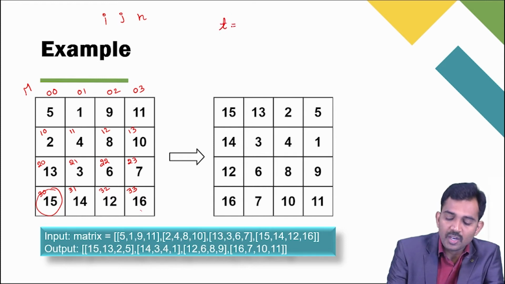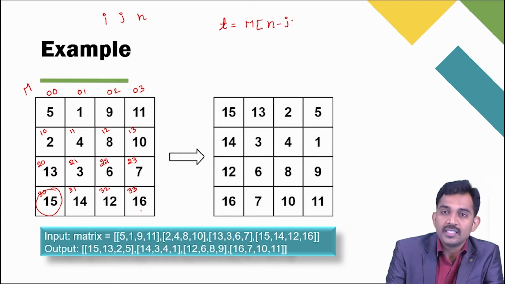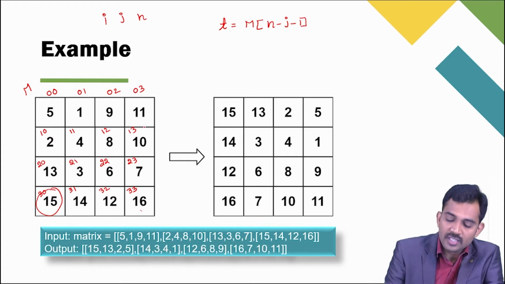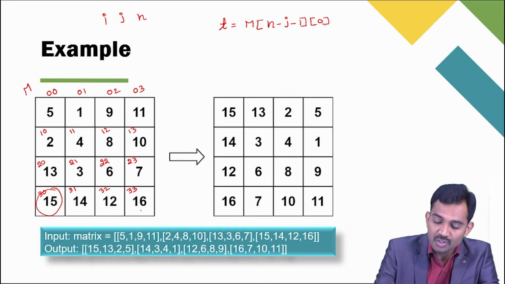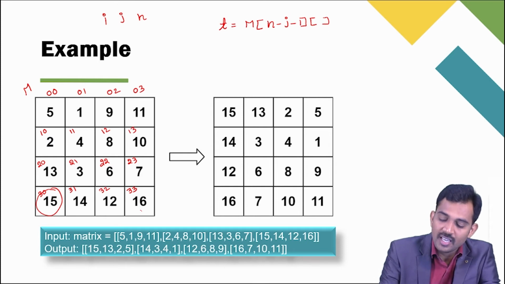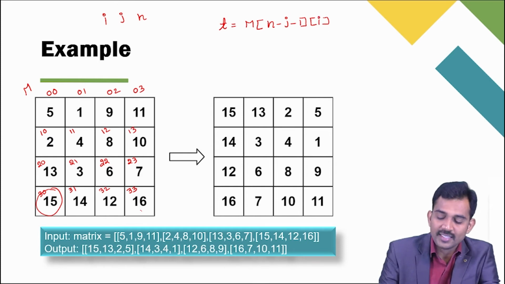So t equals m of n minus j minus 1, and what is the row? This one is 0, sorry, 0 means that is initially the i index.